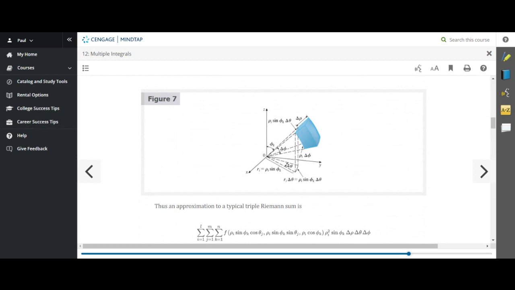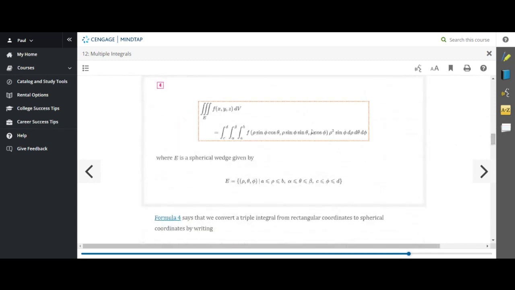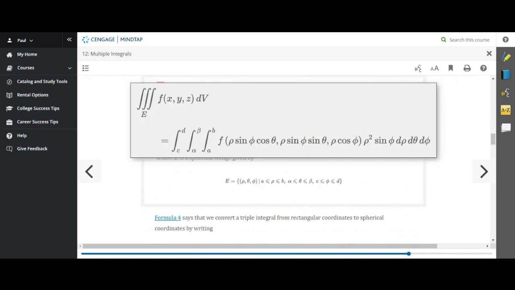You can look at it; they show it there in section 12.8. This would be the form of your triple integral if you're going to integrate with respect to spherical coordinates. Of course, x is equal to rho sine phi cosine theta, y is equal to rho sine phi sine theta, and z equals rho cosine phi.